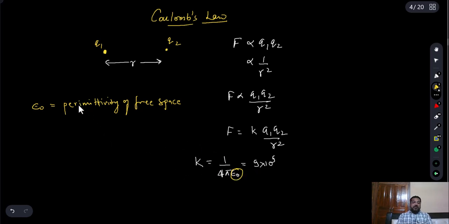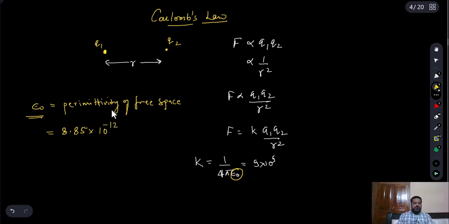Why am I saying that the permittivity is very important? Because many times they have asked the dimensional formula of the permittivity. So you should know the relation in which the permittivity appears, so that you can find the dimensional formula. Apart from that, the value of the permittivity is 8.85 into 10 to the power negative 12.